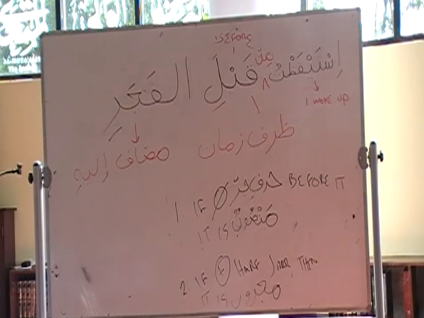Now we're going to dual. Al-kitabani al-mubinani. The two clear books. But if the kitabani becomes al-kitabaini, how do you describe al-kitabaini? Al-mubinaini. So you want to know, the grammatical state must match with it as well. Al-kutubu al-mubina. Now it becomes important.